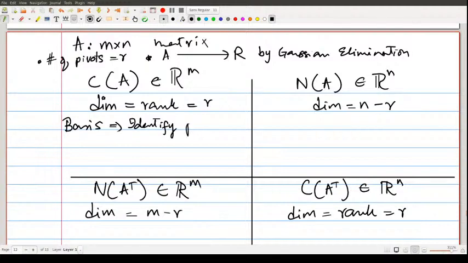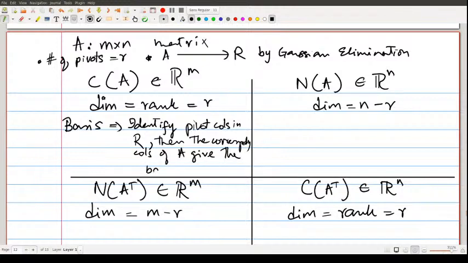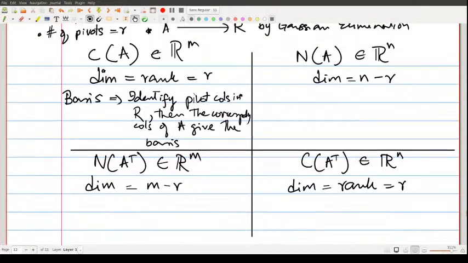Identify the pivot columns in R, and the corresponding columns of A give the basis. That's how you find the basis for the column space of A.